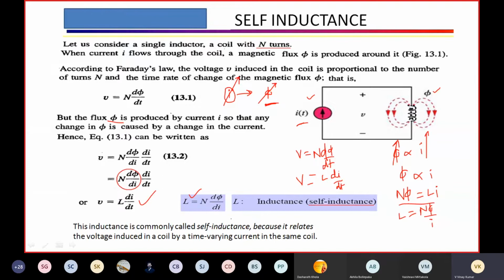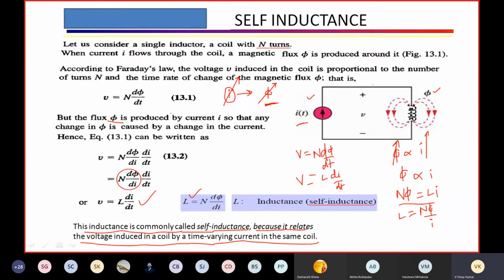So what is meant by self-inductance? It is the property of an inductor to produce induced EMF across the coil. This inductance is commonly called self-inductance because it relates the voltage induced in a coil by a time varying current in the same coil.